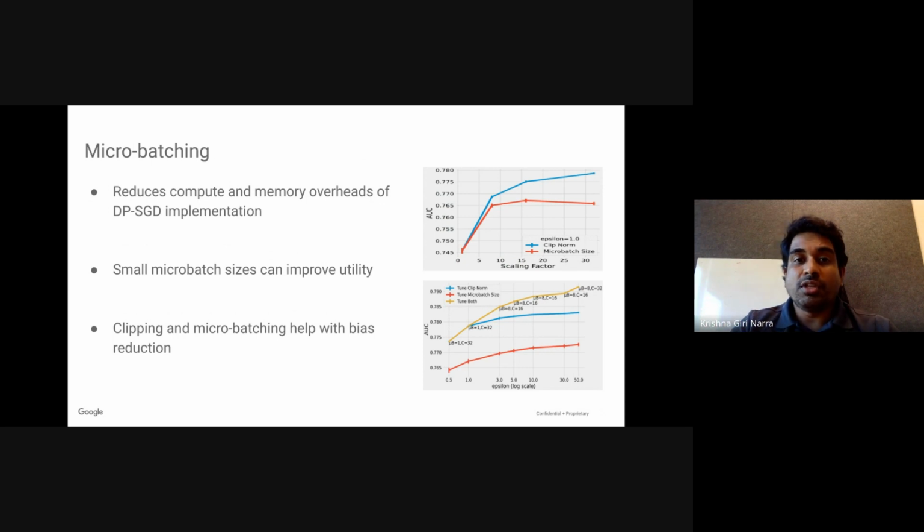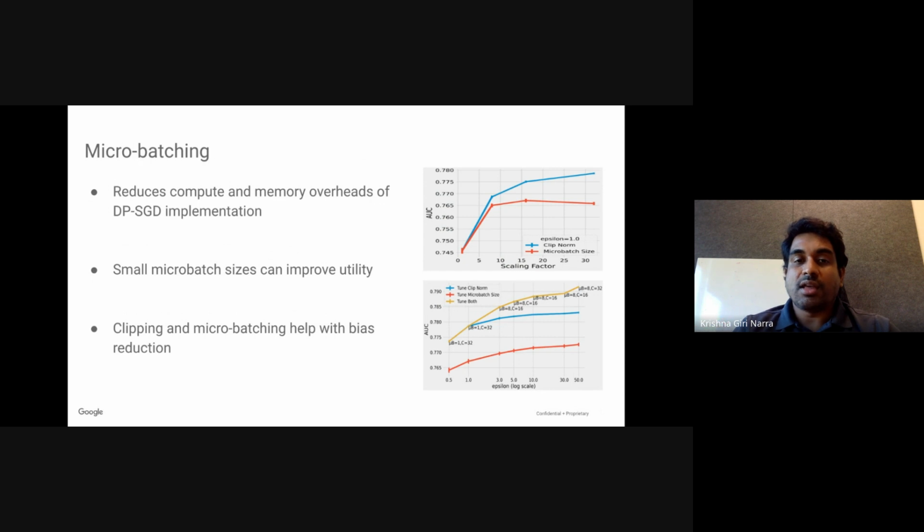What we noticed is that small micro batches can actually improve utility. Ideally we would have thought a micro batch size of 1 would be best, but a small increase in micro batch size helps. This could be because when we average the micro batches, the effective norm of the average gradient is smaller, so the clip norm doesn't cut as much signal.